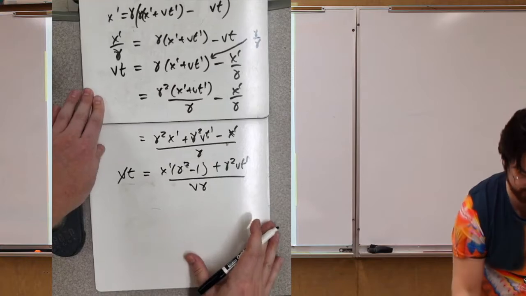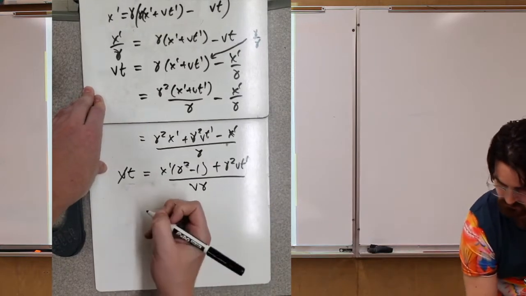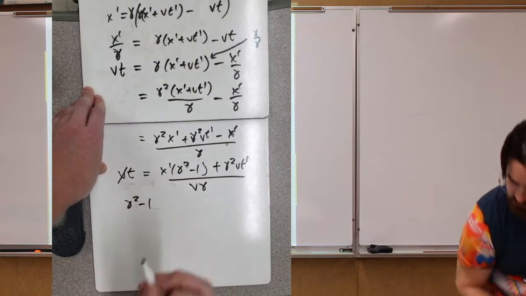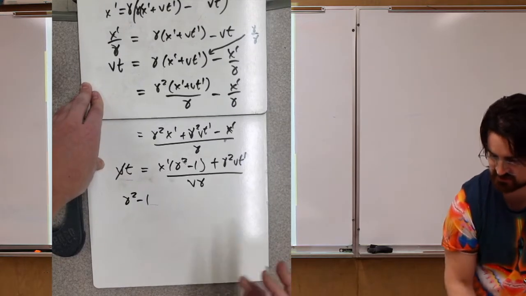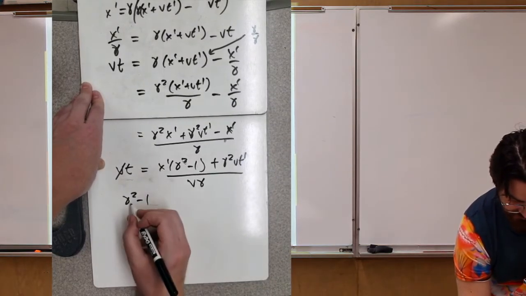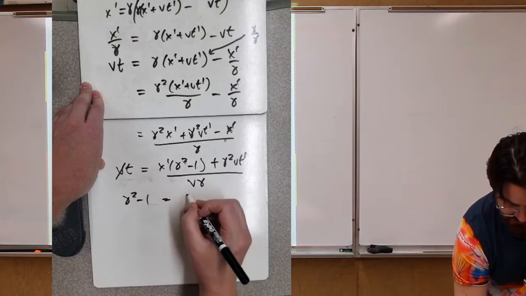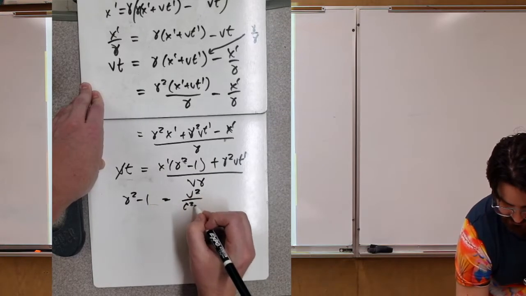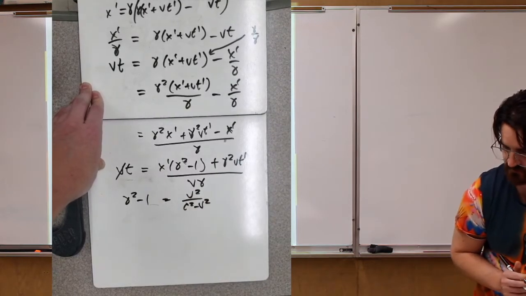Okay, and at this point, you can do this as your own algebraic exercise if you want. The gamma squared minus 1 can actually be written as v squared over c squared minus v squared.